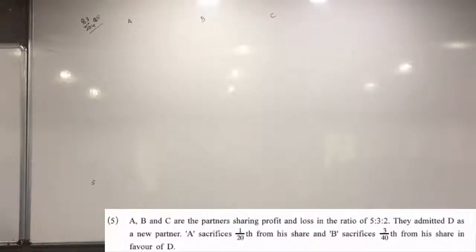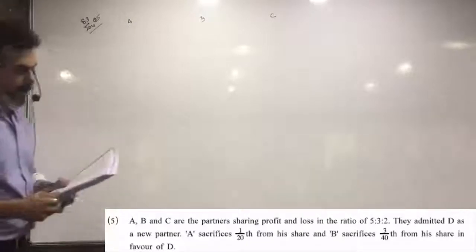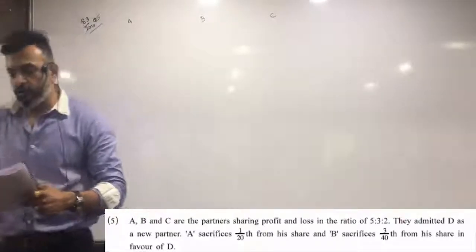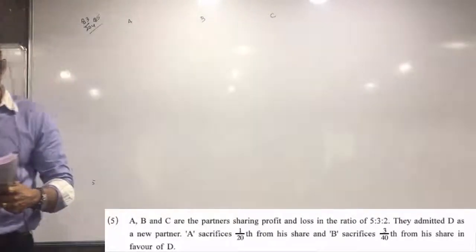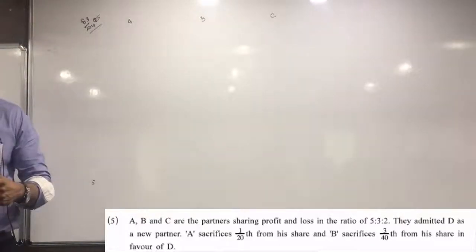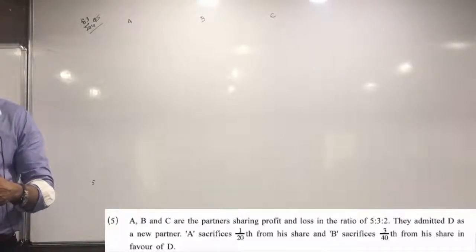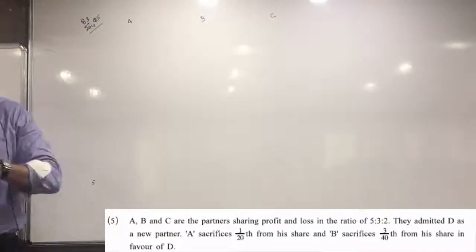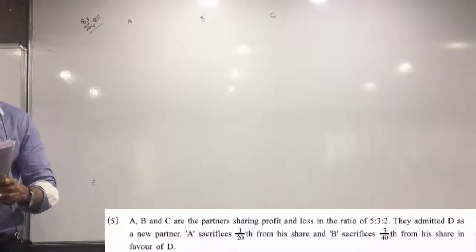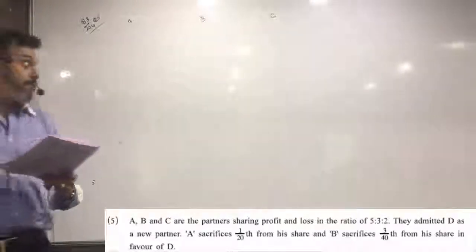Question number 5. A, B and C are partners sharing profit and loss in the ratio of 5:3:2. They admitted D as a new partner. A sacrificed 1/20th from his share and B sacrificed 3/40th from his share in favor of D. We have now A, B, C and D. We have 4 partners.